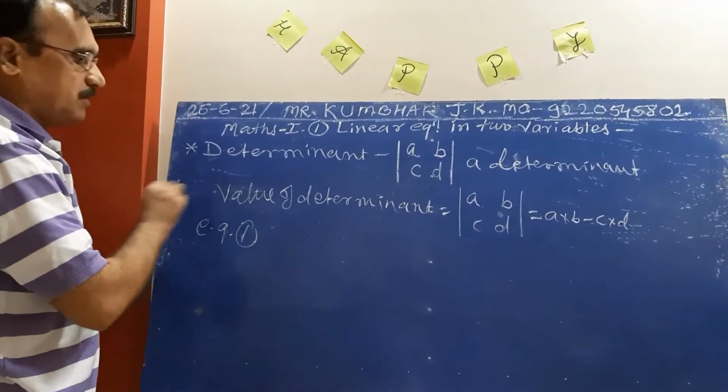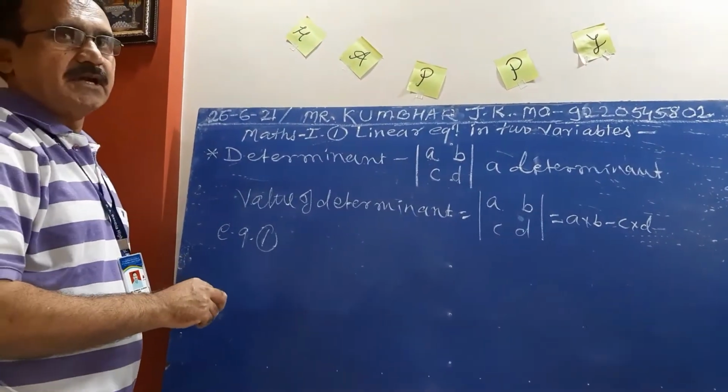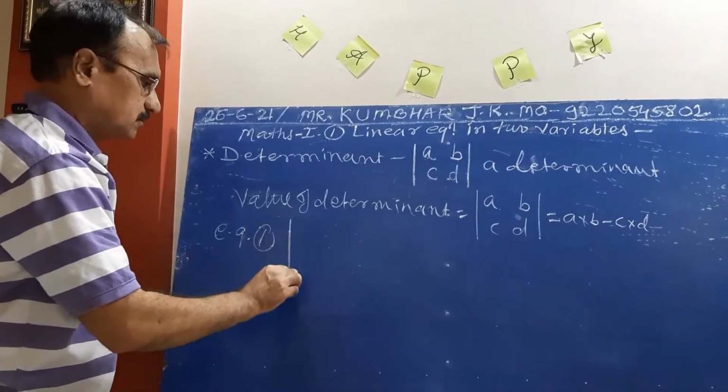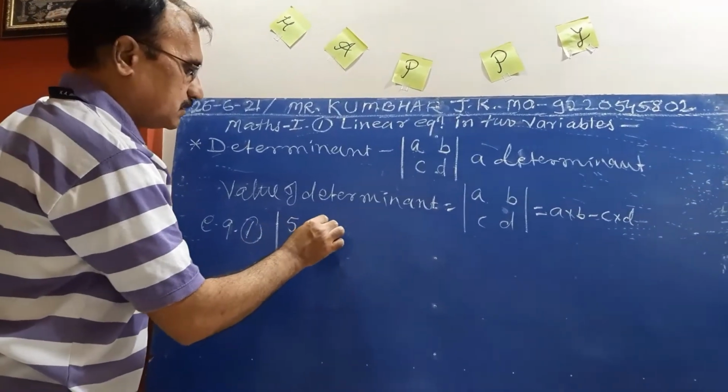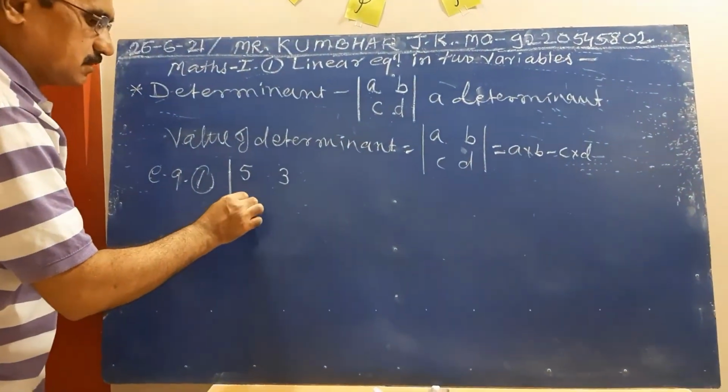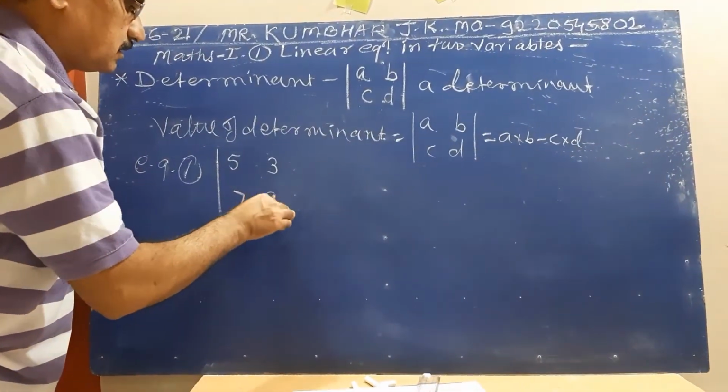Now we are going to take one example of this determinant. How to find the value of determinant? Can you tell me any determinant? Very good. 5, 3, 7, 9.